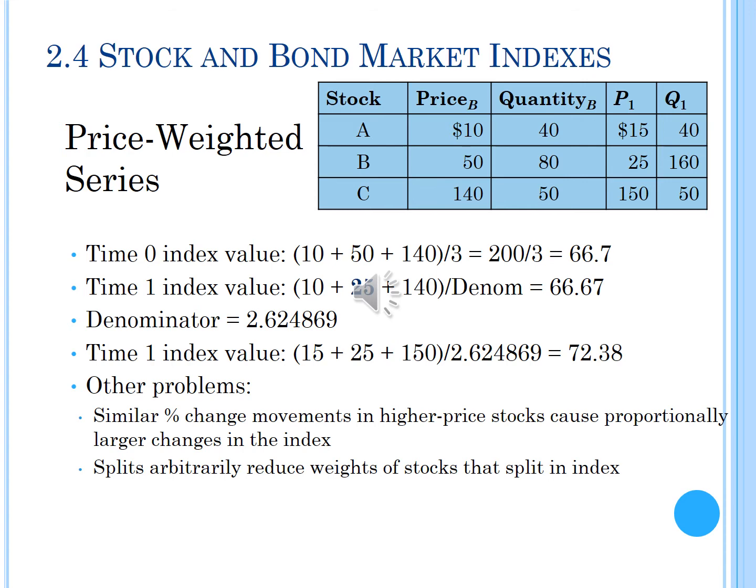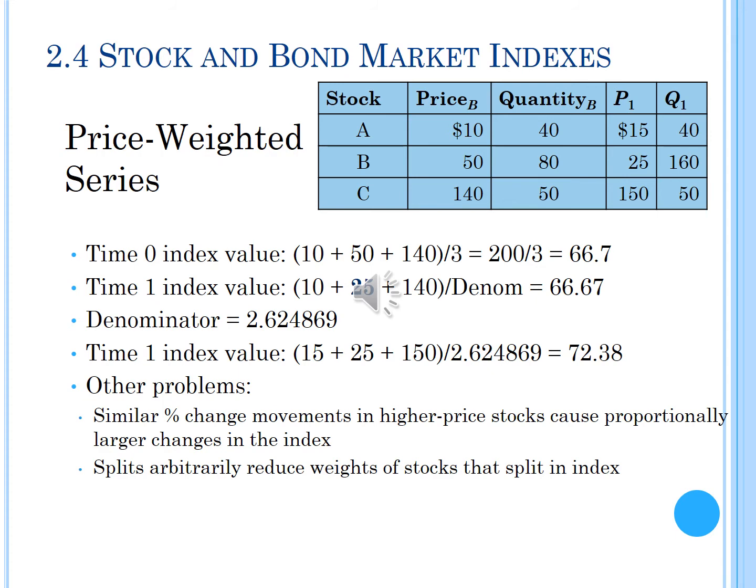So our new calculation would be $10 plus $25 plus 140, all divided by the denominator, which is x, the number we're trying to find out in this case, and equals the same price weighted value of the index that we calculated at time zero.